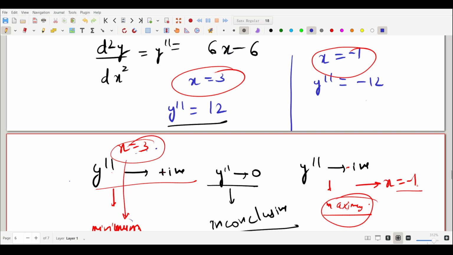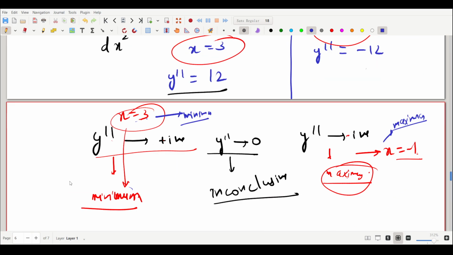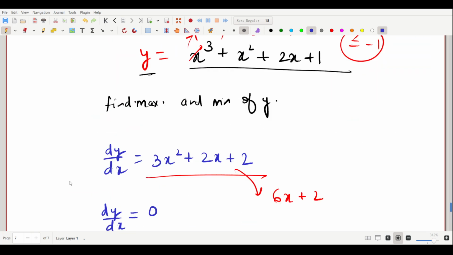This is why x equals 3 is known as minima. Minima is what? The point which gives you the minimum value. Here x equals -1 was giving you the maximum value, so this is maxima. Maxima is the point which gives us the maximum value. Minima is the value of x which gives us the minimum value. Minima for minimum, maxima for maximum.